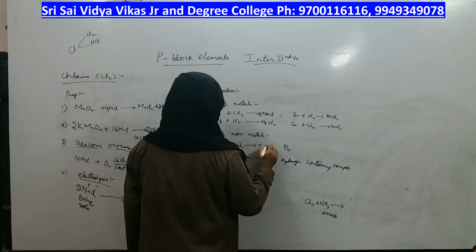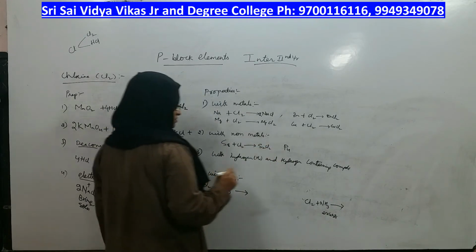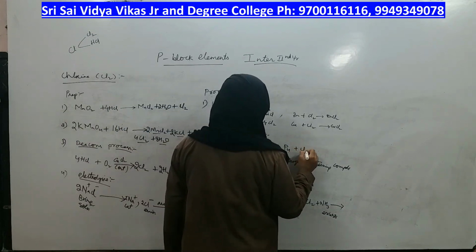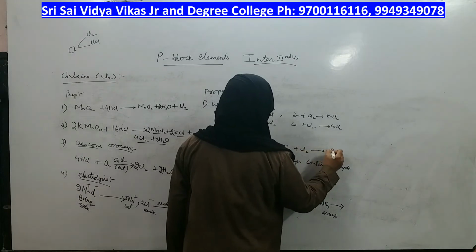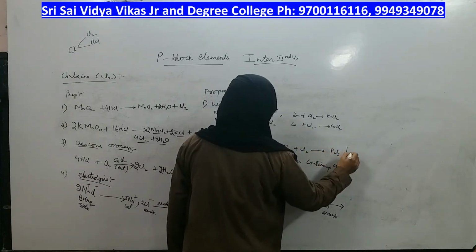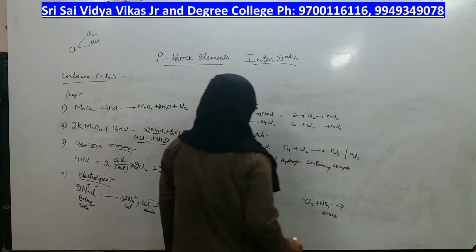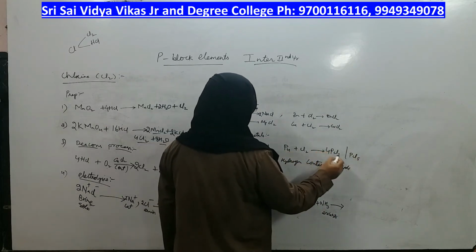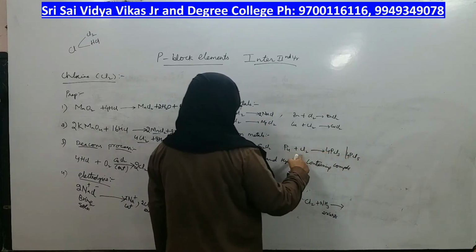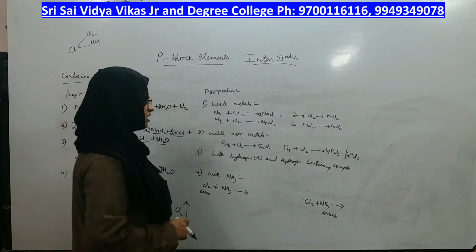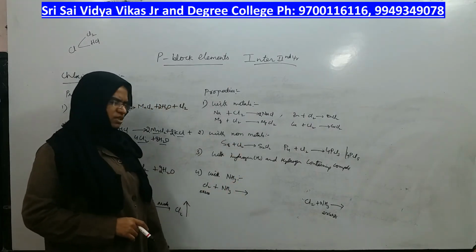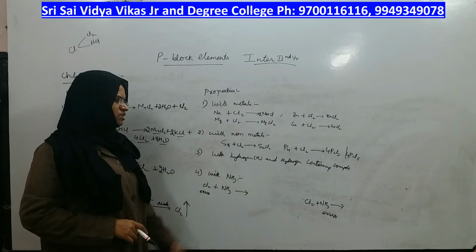It gives sulfuryl chloride. With phosphorus, what will it give? PCl3 or PCl5. How many PCl3 or how many PCl5? That you have to change the ratio of chlorine, right? These are the reactions in which it reacts with non-metals.